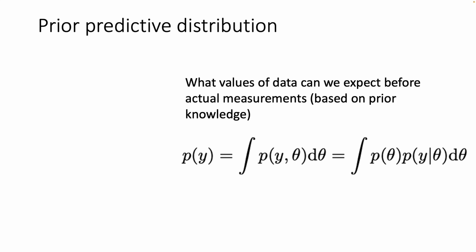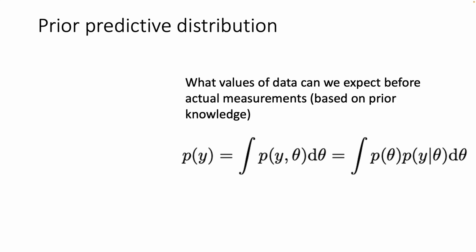We have generally two kinds of predicted distributions: probability distributions that we sample from, representing our knowledge about data. The first one is the prior predictive distribution. The prior predictive distribution allows you to predict what data is expected by your prior distribution.